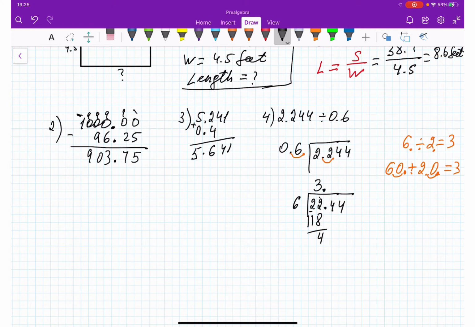Therefore, I put the decimal point here, right? Bringing down another 4. 44 divided by 6 is going to be 7. 7 times 6, 42. If I subtract, here will be 2, bringing down this 4. 24 divided by 6 is 4. So the answer is 3.74.